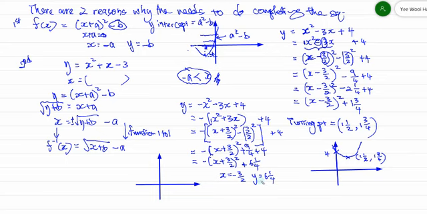Okay, now do you notice that this negative doesn't play any role in the coordinates of the turning point? It only indicates whether it's a maximum or minimum curve.